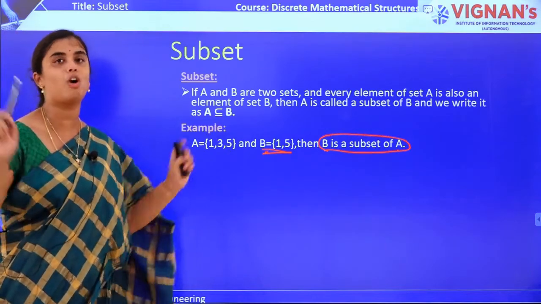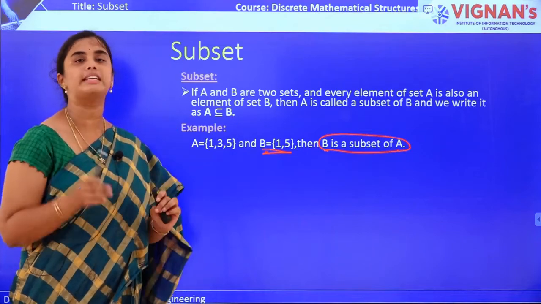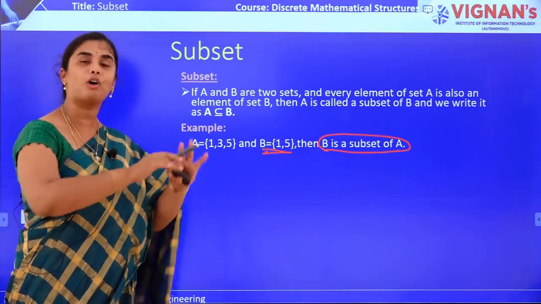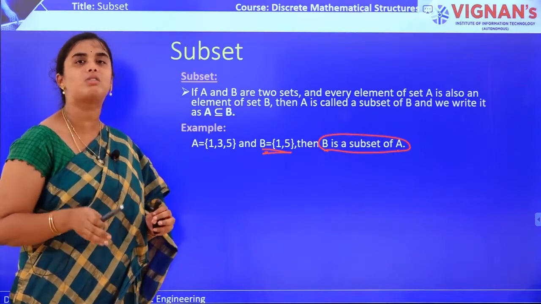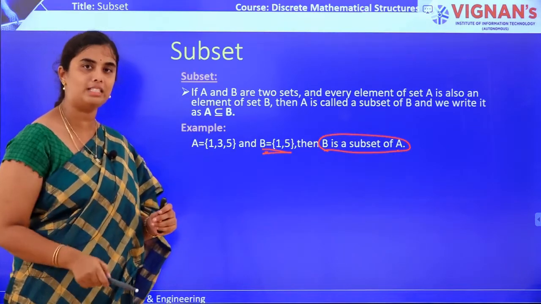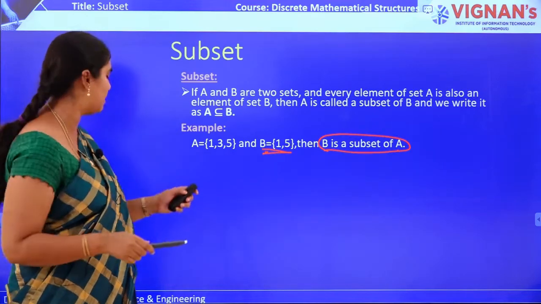Similarly, if you take a college as a set, then all the students who belong to the college are called a subset. If the college is an institution, then a room of the college is called a subset of that institution. These are the general properties of a subset.